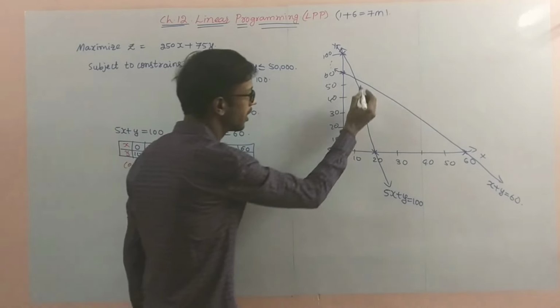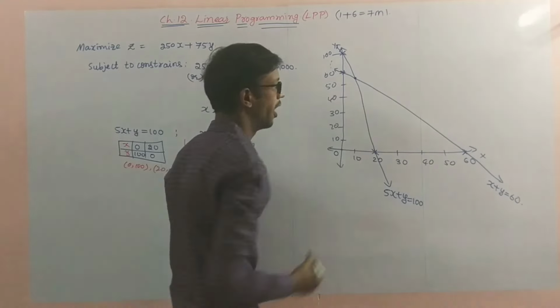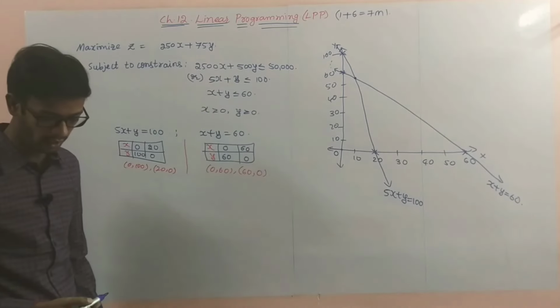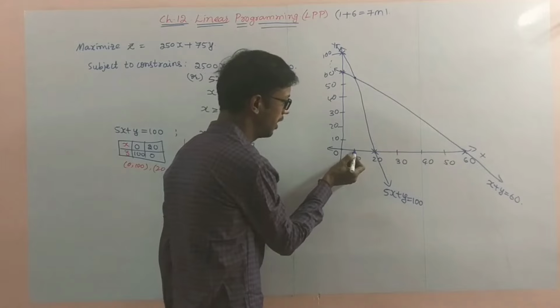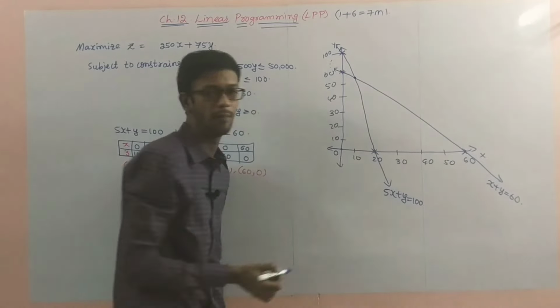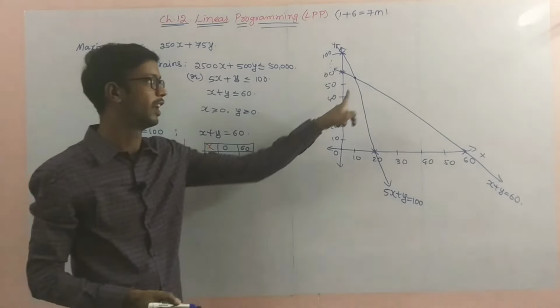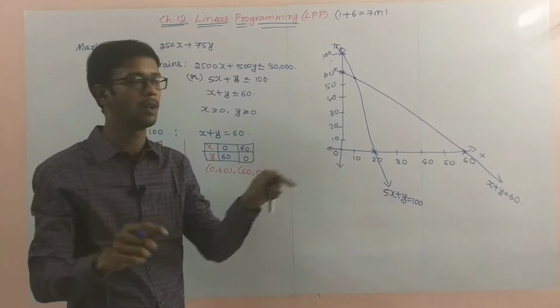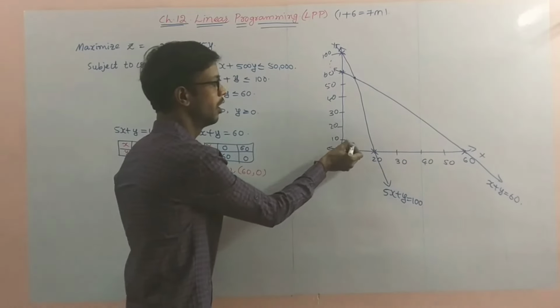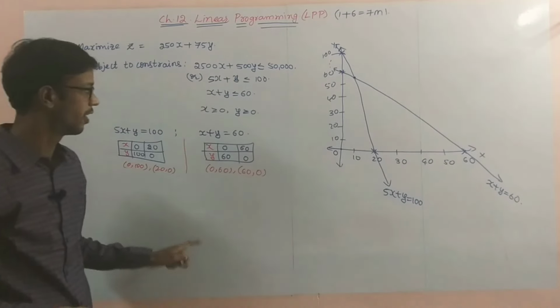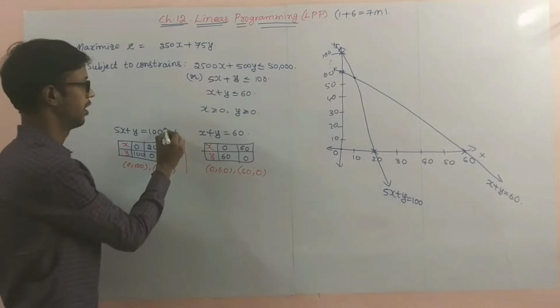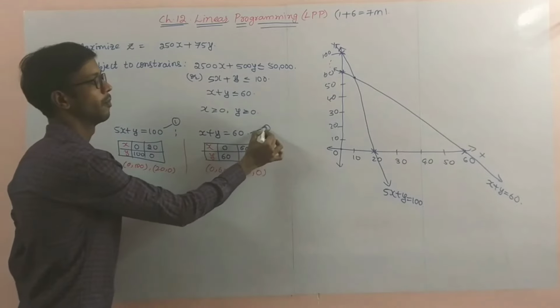Here you observe this one. There is an intersection point. How will we find the intersection point? From the graph you can find it, 0, 50, if you draw the graph properly. Otherwise, solve these two equations, equation 1 and equation 2.